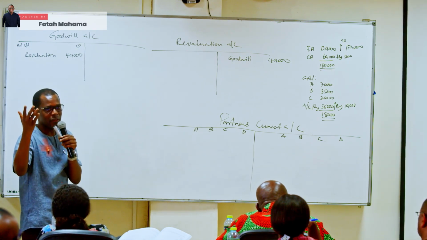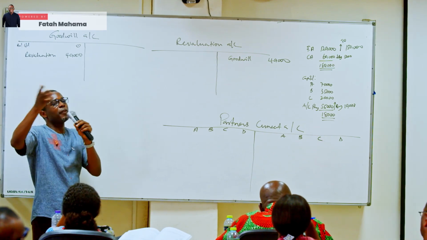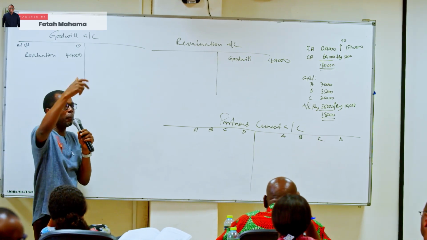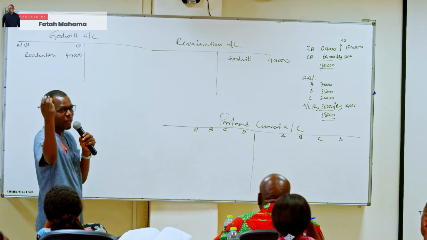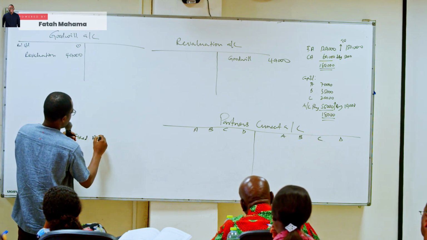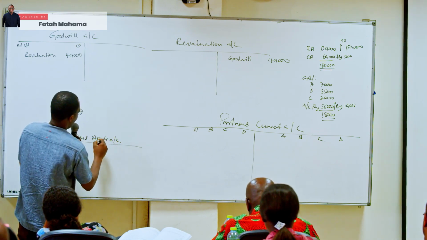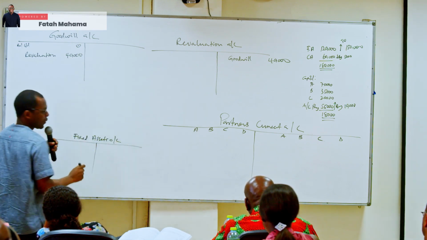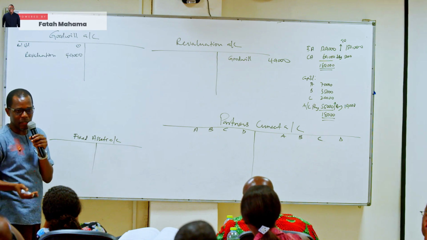So fixed assets. Because in this case the examiner has lumped all fixed assets together, land, building, motor vehicle, everything together, in our workings I will open a fixed assets account. And I'll start by saying that it's an asset, so it's a debit balance. All assets without exception are debit.